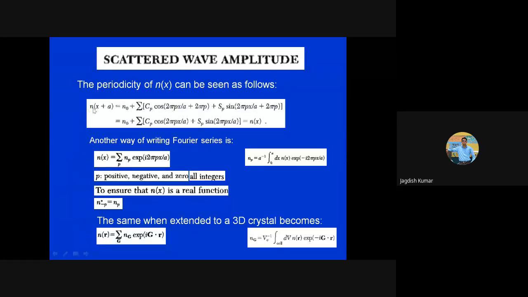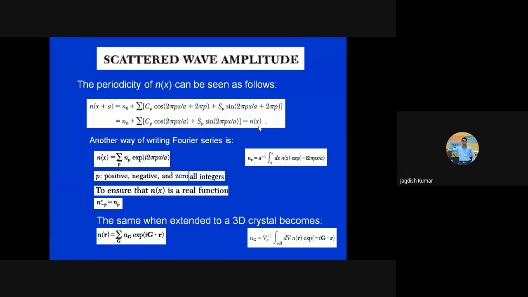We can verify that if you substitute x with x plus a and simplify this expression, you will finally find that n of x plus a is equal to n of x. This means the Fourier series is very capable of producing that periodicity of electron density, so it is a correct way of representing a periodic electron density.